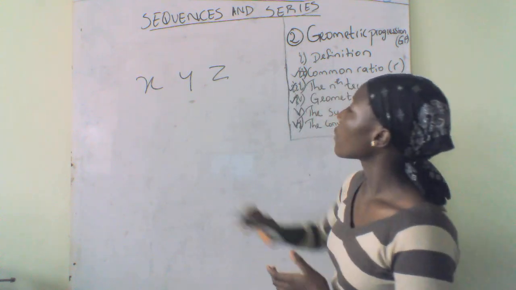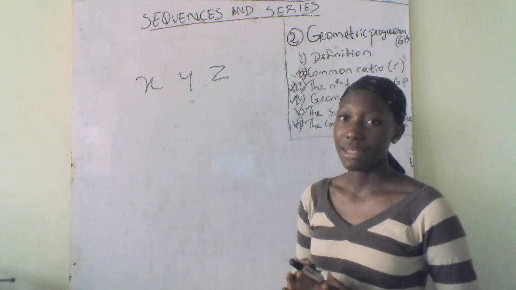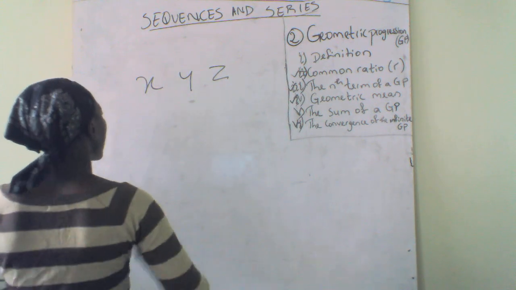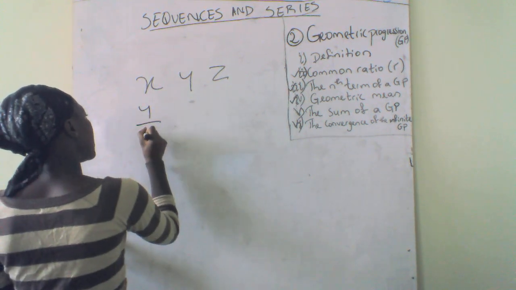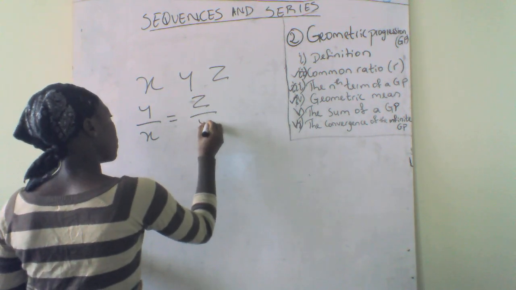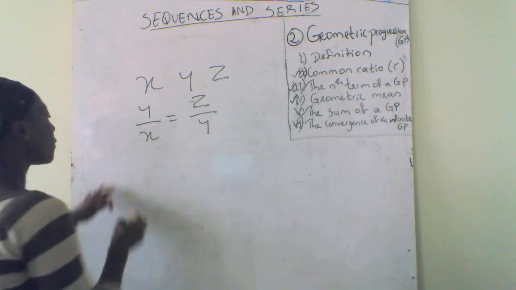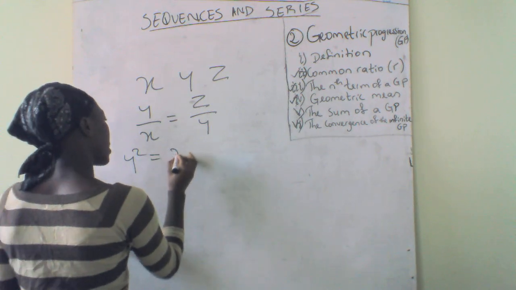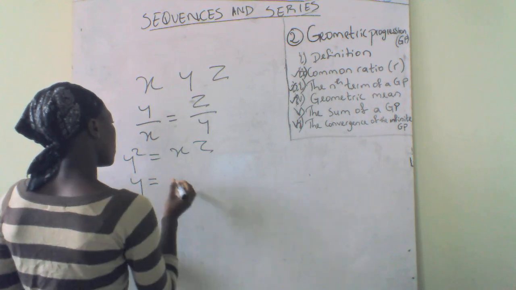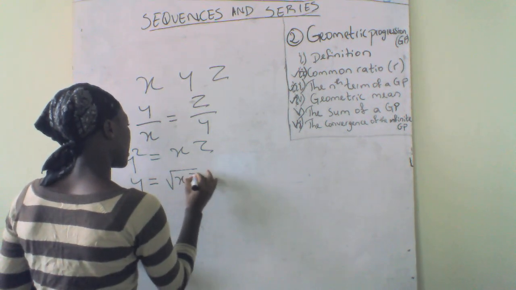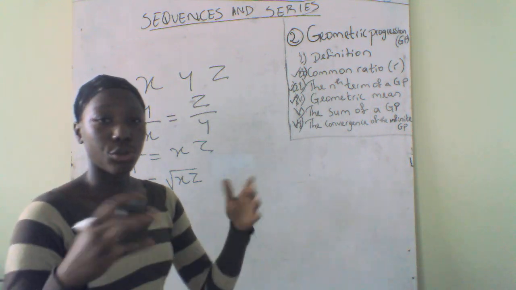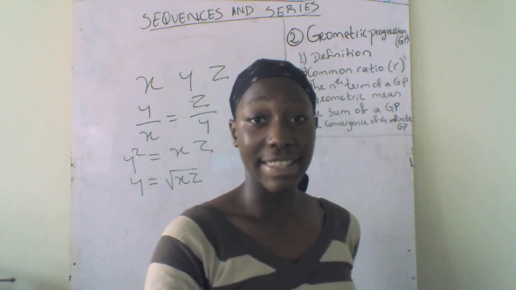But here we are talking of consecutive terms of a GP, and therefore, since they are consecutive, the ratio must be the same, so y over x must be equal to z over y. And if we solve this, we're going to have y squared equals xz, which gives us y equals the square root of x times z, and y is therefore said to be the geometric mean of x and z.